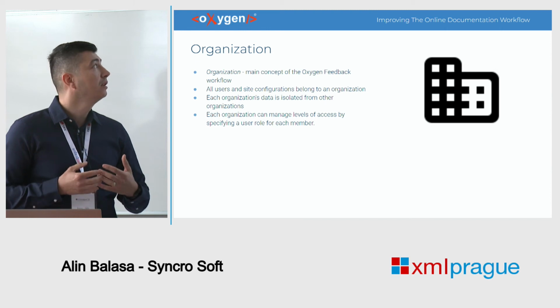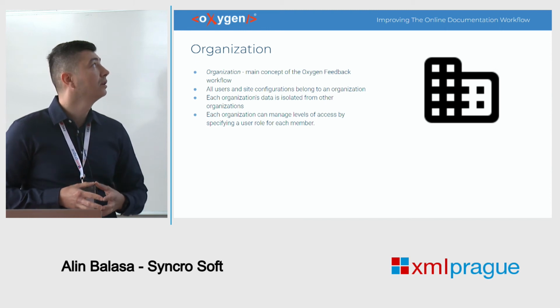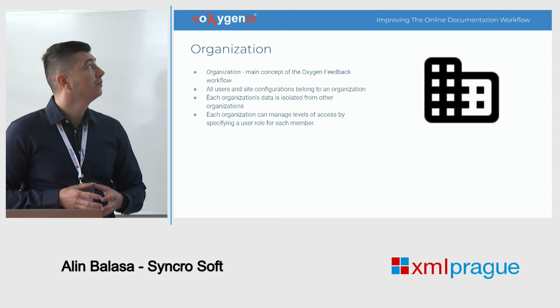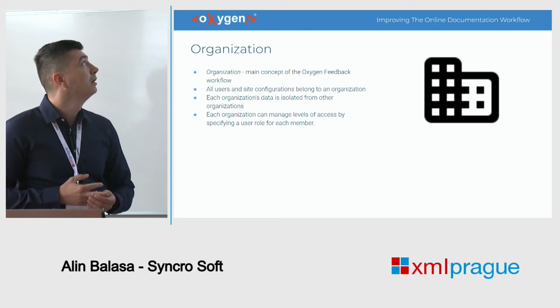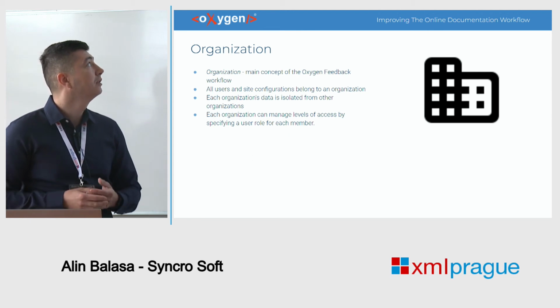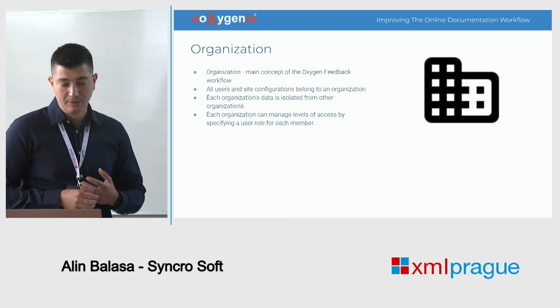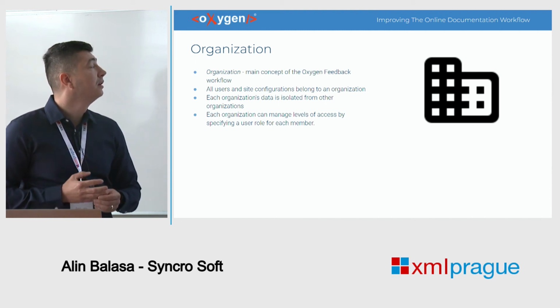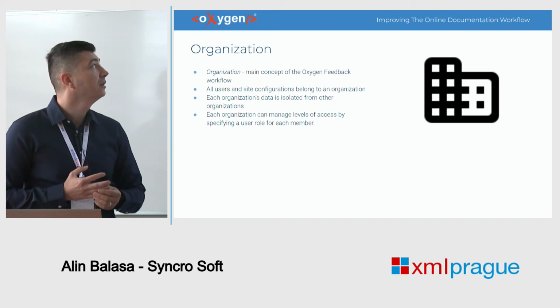All users and all site configurations and all their related data are grouped in organizations, and all the data that is part of an organization is isolated from the data from other organizations. You can assign different levels of access for users by assigning them different roles.